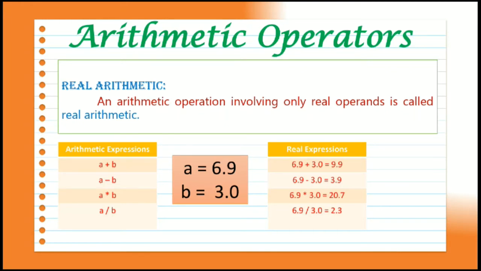Next, 6.9 into 3.0, and the answer will be 20.7. Next, 6.9 divided by 3.0, the answer will be 2.3. The modulo operator cannot be used with real operands.